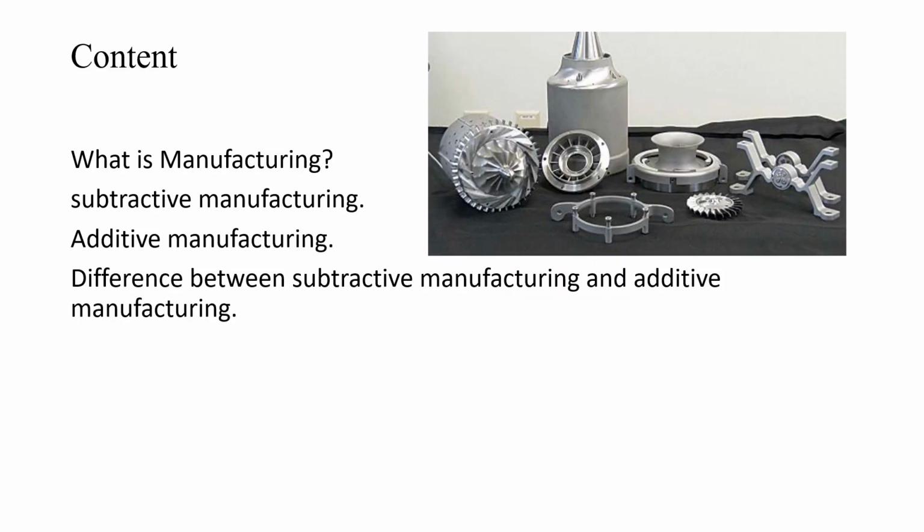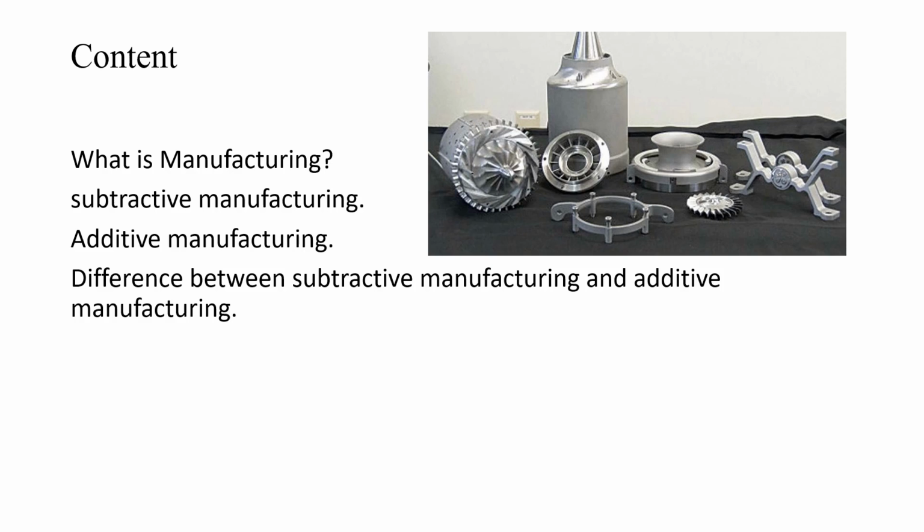In today's class, we are going to discuss the following topics. What is the meaning of manufacturing? Then next we will discuss what is subtractive manufacturing. Once you understand this, whatever topics we have been discussing in engineering from the first semester till the seventh semester regarding manufacturing, it's all about subtractive manufacturing.